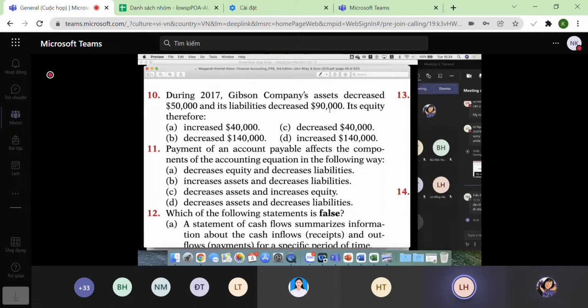For example, assets decreased by 50 and liabilities decreased by 90, so the equity needs to increase by 40,000.